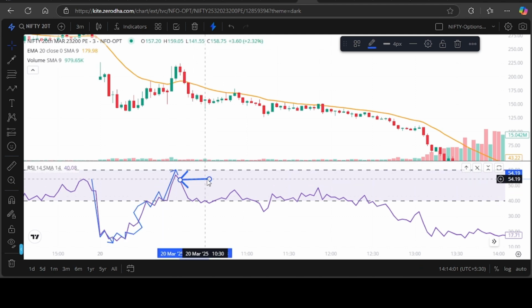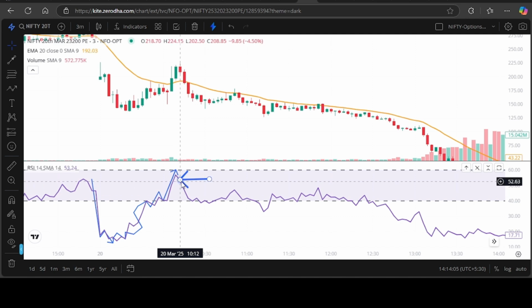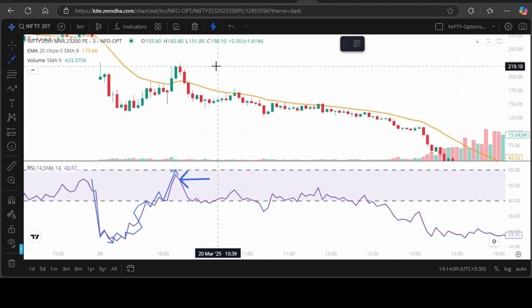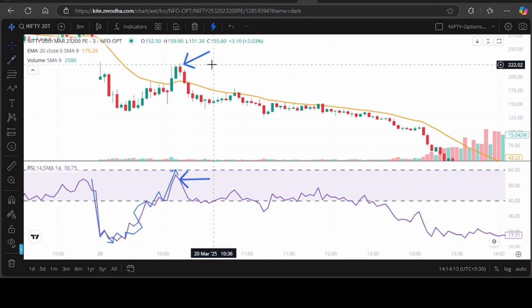Focus on this big arrow, please. And the next candle here seems to be good. I always tell you that the candle body size should be bigger than both the wicks, and if both the wicks are almost of the same size, that means it's a good candle to trade on.